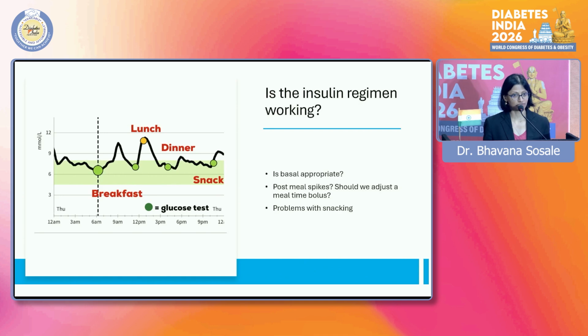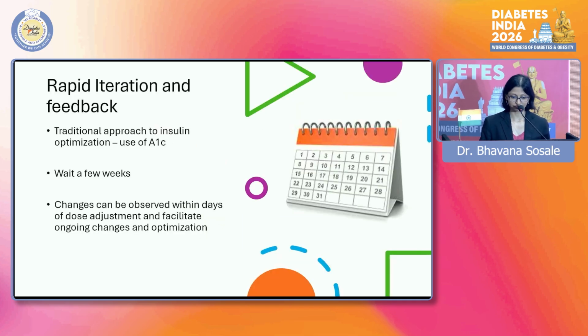My mealtime values post meals are okay, but maybe it's a snack which is causing an issue. Maybe some other pre meal value is spiking because of the mid meal snack. So, what exactly is the issue with the patient's diet, with the patient's routine? Is something you can identify. So, if the patient's on insulin, then yes, we adjust the insulin. But if the patient's not on insulin, it may still be readjusting their food, their lifestyle, and their oral medication.